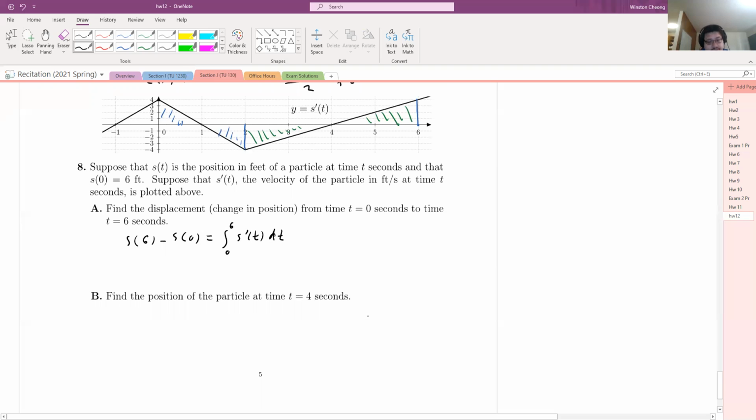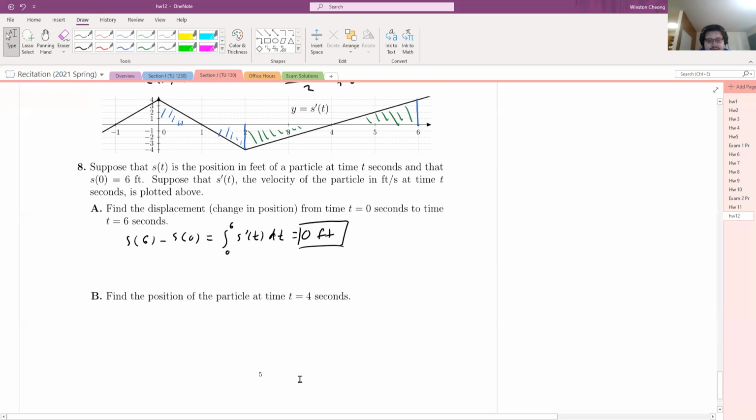So the integral gives you the value 0. Okay. So the displacement is actually 0 feet in this case. So that's A.